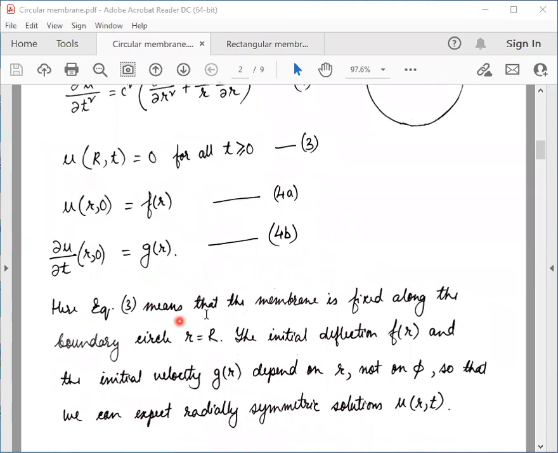So equation 3 means that the membrane is fixed along the boundary of the circle small r equal to capital R, and the initial deflection f(r) and the initial velocity g(r) depend on r and not on phi, so that we can expect radially symmetric solutions u(r,t). u depends only upon r and t, it does not depend upon phi.